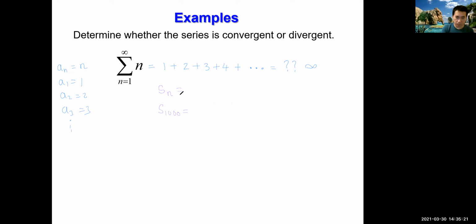So recall in Calculus 1, we do have a formula for the sum of the first n integers. If you forgot, we have 1 plus 2 plus 3 all the way to n, right? So the sum of the first n integers is equal to n times n plus 1 over 2.